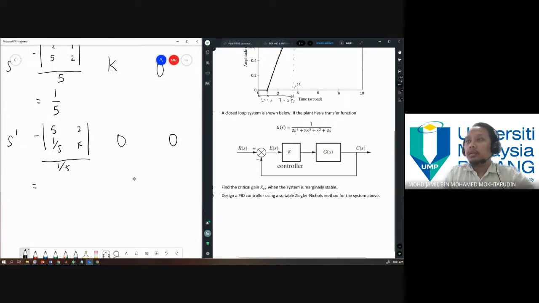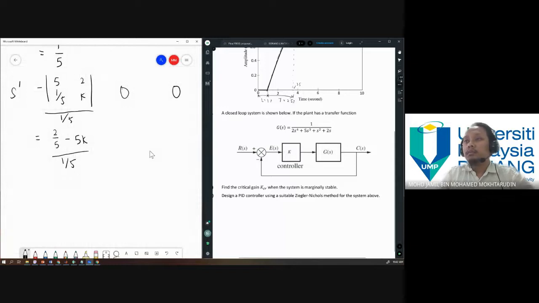So you get 2 over 5 minus 5K over 1 over 5. And then find s^0. So here is K.